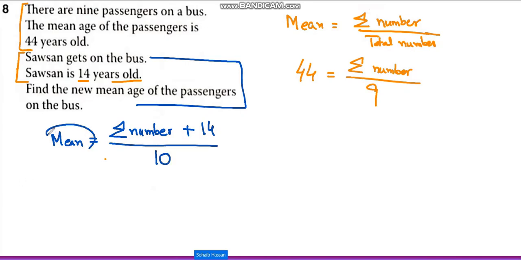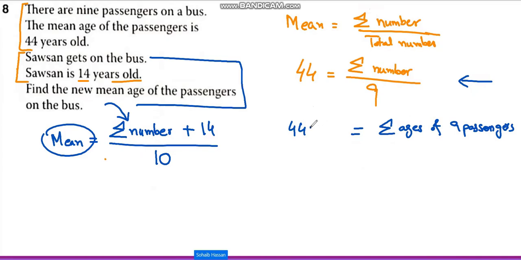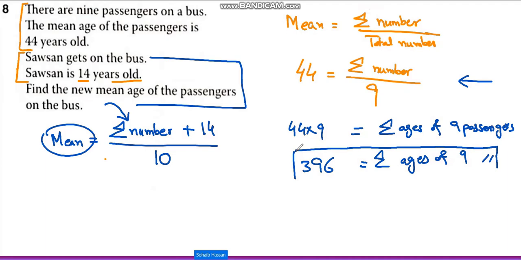To find the mean, first we need to find the sum of the ages of the previous scenario, or we can say the sum of the ages of 9 passengers. We can easily find that by multiplying 9 with 44, and that would be 396. It means the sum of the ages of 9 passengers is 396 years.